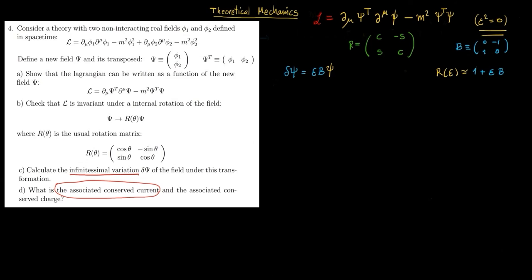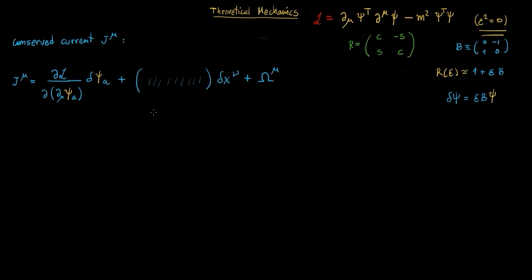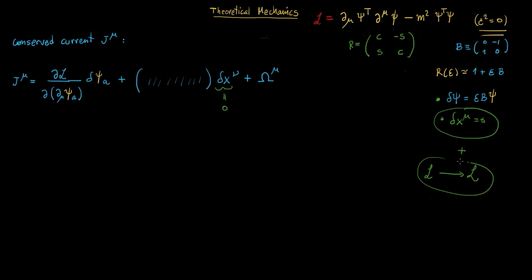So we copy the same formula as before, but I don't copy this piece of the expression because the variation of the space-time coordinates is 0 because there is no variation of x in the transformation. Moreover, it can be verified that if the transformation doesn't imply a change in the space-time coordinates, and in addition the global transformation leaves the Lagrangian invariant, then omega is 0. So these simplifications make our life easier.